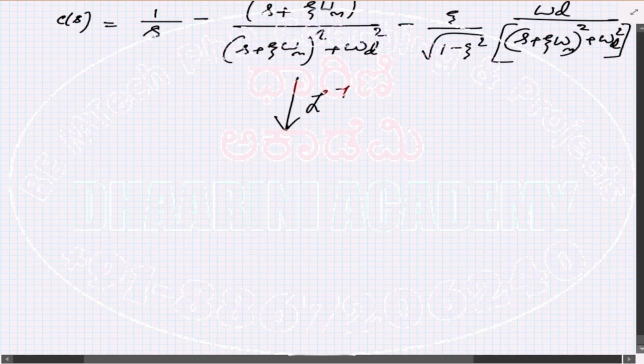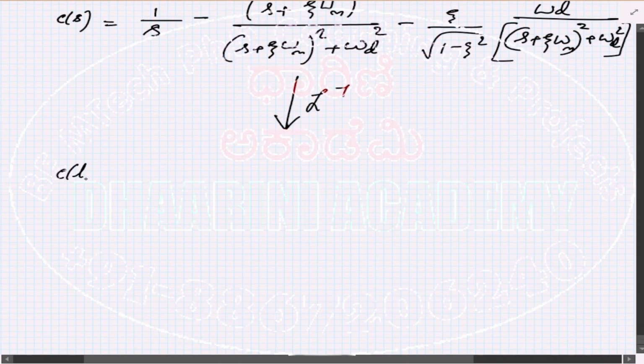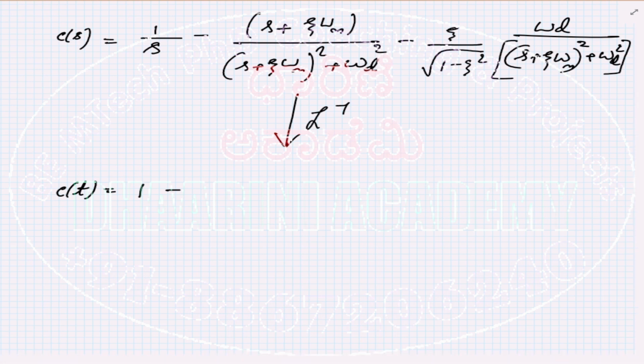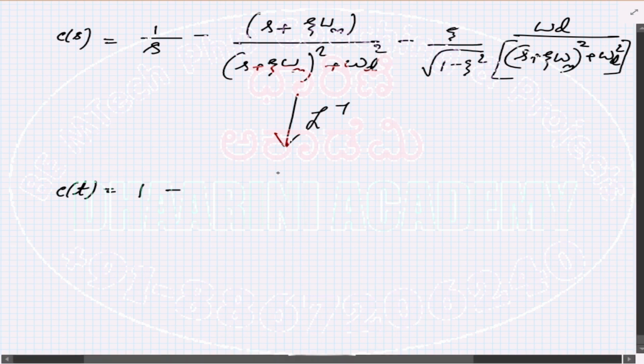So C of s will be written as C of t equal to, so there is 1 by s, which becomes 1 minus, now this becomes what, sine or cos? This is (s plus a) by ((s plus a) squared plus b squared), so this becomes a cosine term. So it is e to the power minus zeta omega n t times cos bt, where b is omega d, so this is cos omega d t.